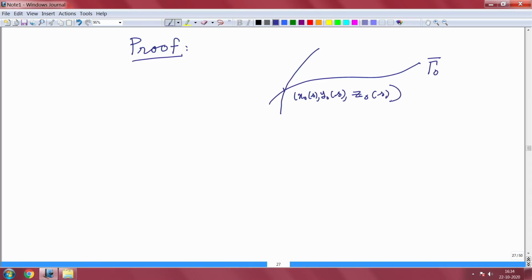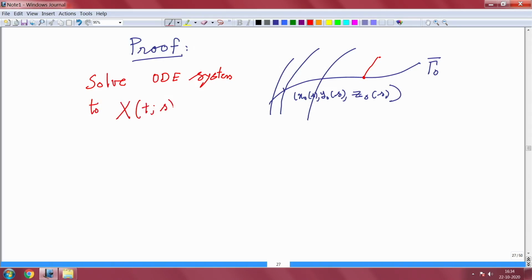Now, you solve your ODE system to get your solution of the ODE, which let me denote by x, y, z as functions of t and s. And this is a solution.